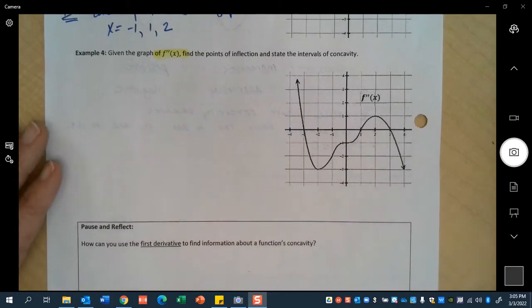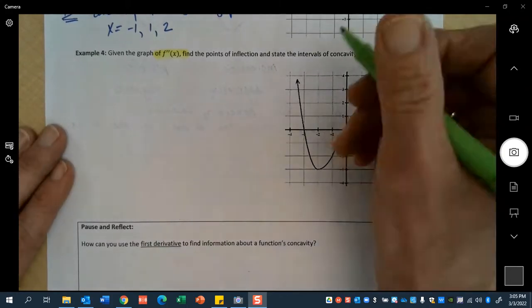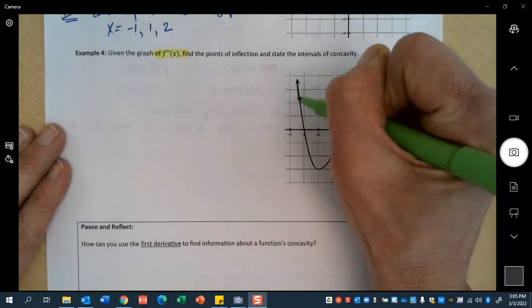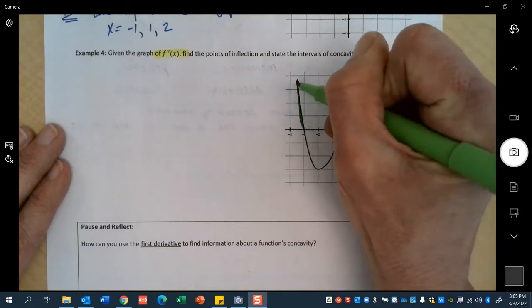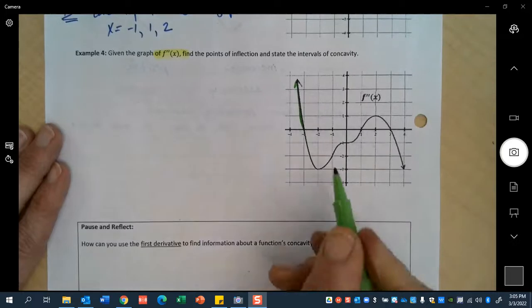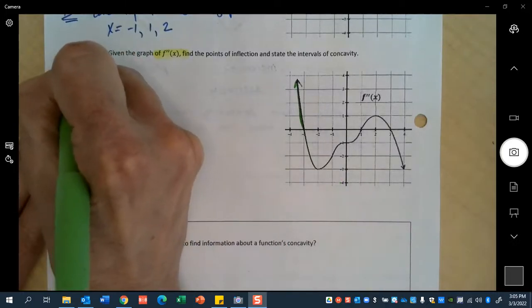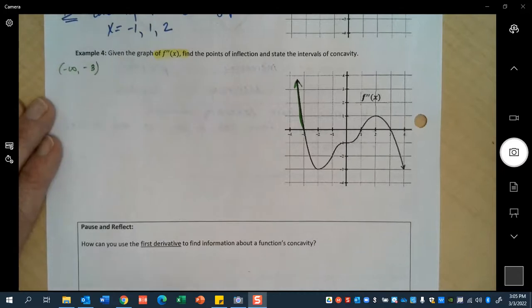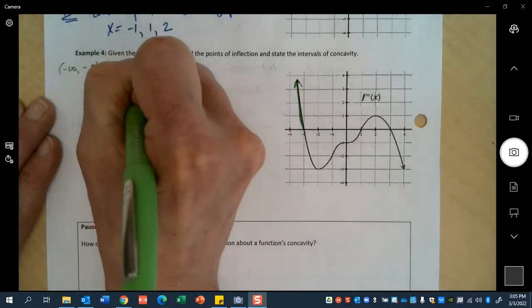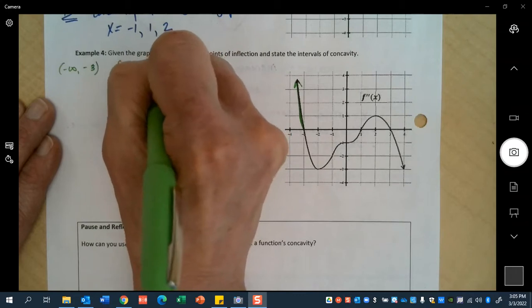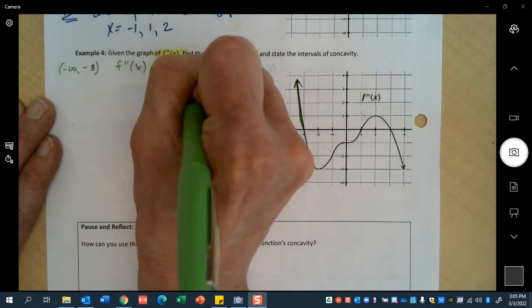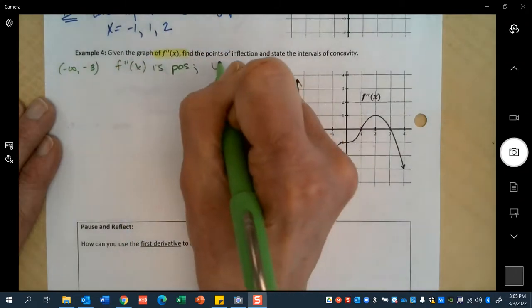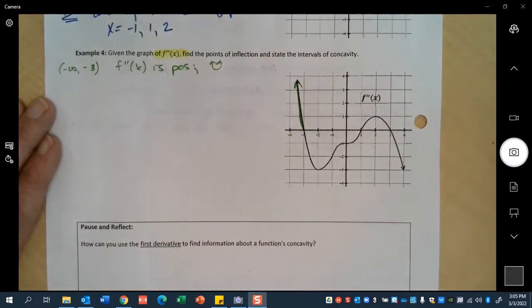So when we look from here to here, from negative infinity up to an x value of -3, our second derivative value is positive. Therefore, it's concave up. My original function is concave up.